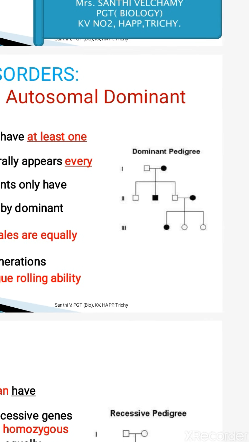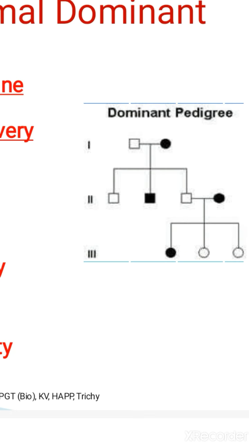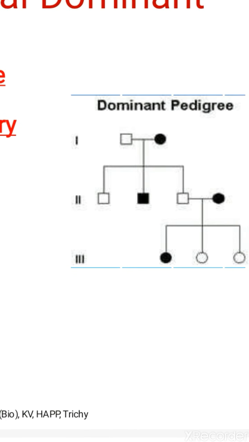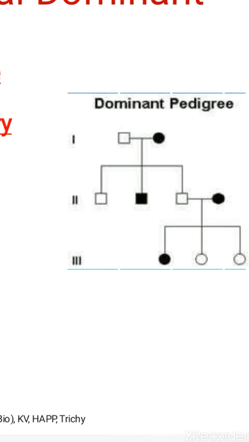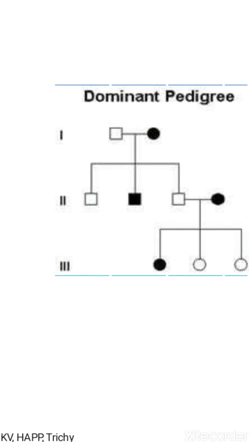In the case of a dominant character, it is exhibited under both homozygous and heterozygous conditions, so mostly it is exhibited in all. As it is autosomal dominant, irrespective of male and female, it will be exhibited in each and every generation.